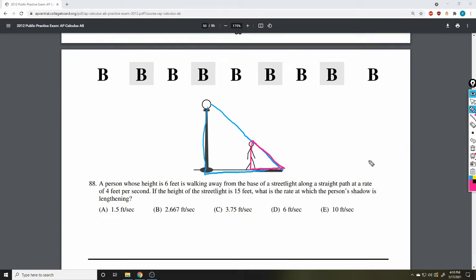So first off, let's take care of our constants here, the things that aren't changing. My 6-foot person is going to stay 6 feet. My street light is going to stay 15 feet. None of these warp to be taller or shorter.